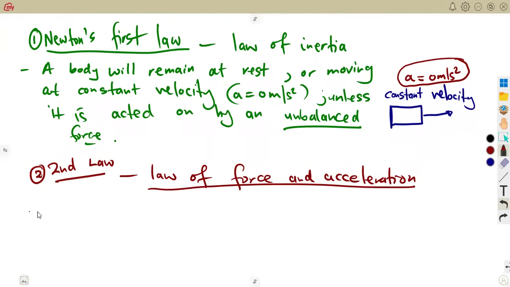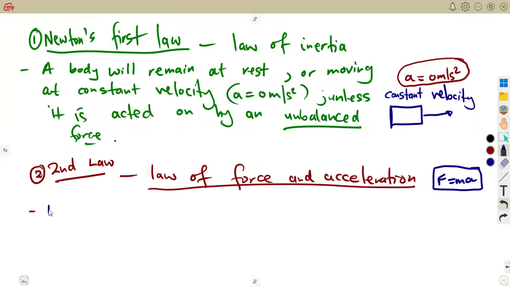Force and acceleration, which states that the force experienced by an object is proportional to its mass times the acceleration it experiences. This is exactly your definition for force. If you just understand your definition for force, guys, force is what? Mass times acceleration. So force is the product of mass and what?